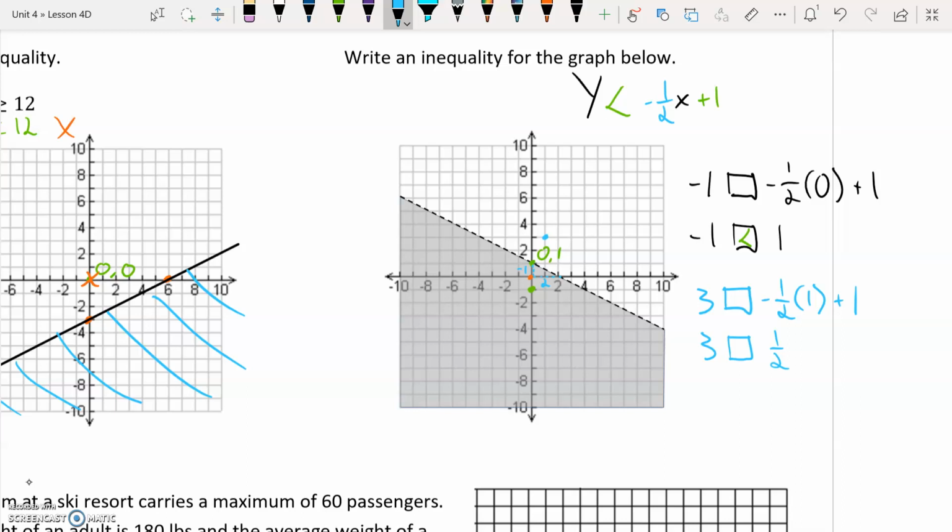But remember, in this graph, that point is on the side of the line that contains the points, the x, y values, that make that inequality false. So if I was to choose that point, trying to decide what inequality sign I need to include for my inequality to represent this graph, I would want an inequality sign that makes this false.